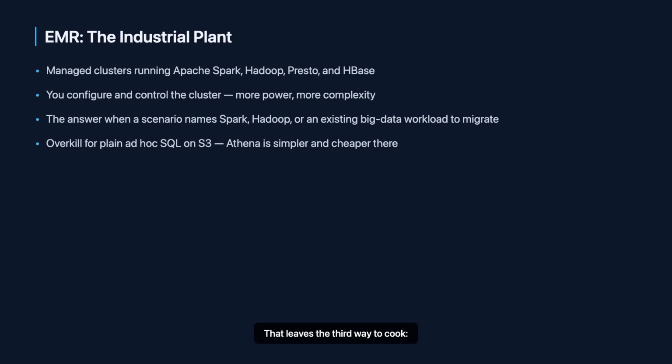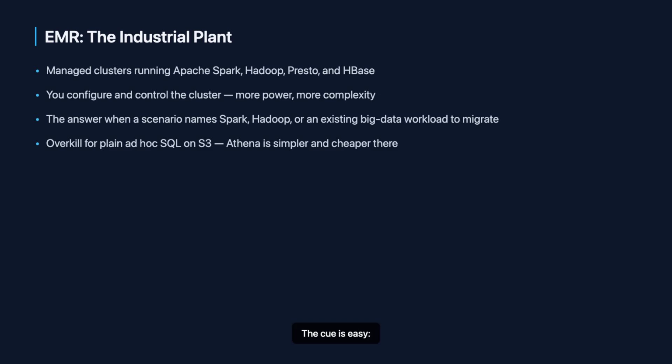That leaves the third way to cook. The giant industrial food processing plant. That's EMR, Elastic MapReduce, Amazon Web Services' managed big data platform. It runs managed clusters of open-source frameworks like Apache Spark, Hadoop, Presto, and HBase. The trade-off is that you configure and control the cluster, so you get more power but also more complexity.